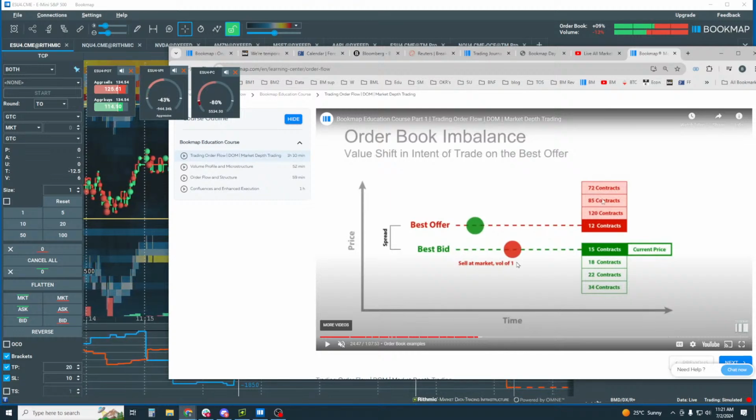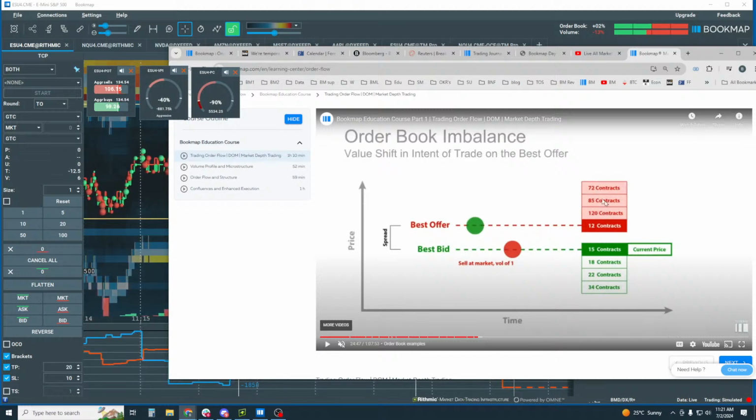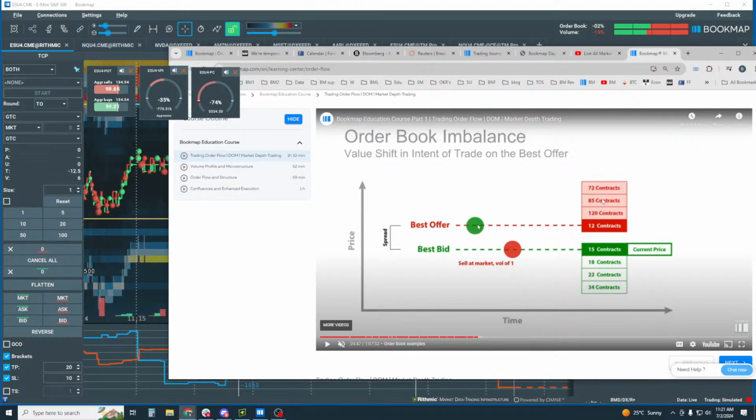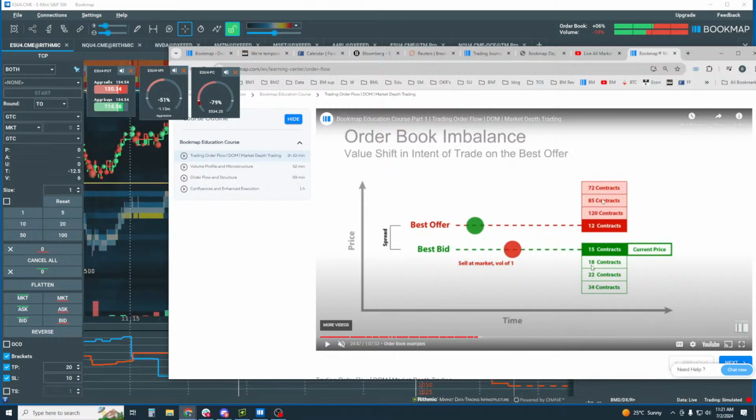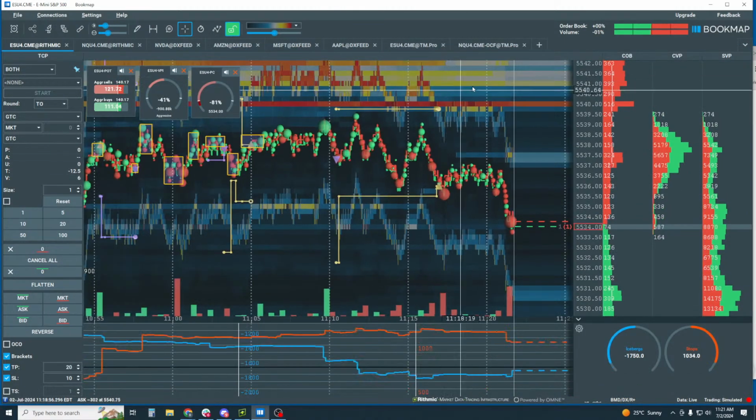Okay. And being able to understand that, oh, okay, look at all of this supply comes in and skews the order book. There's massive supply. Do you find buyers interested in trading with all that massive supply? If you do not, they can sweep the order book if there's less liquidity down here, and you'll see a sweep to the downside.